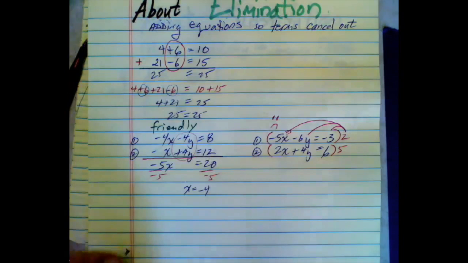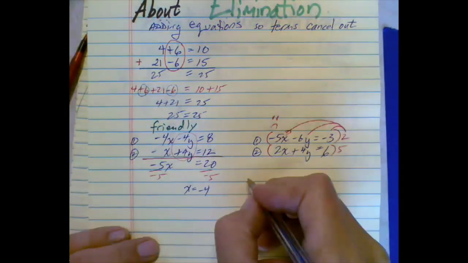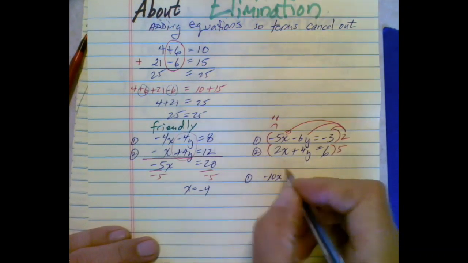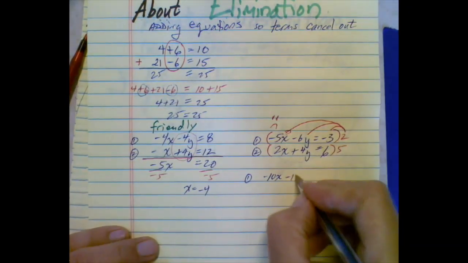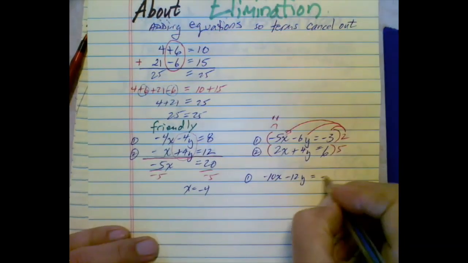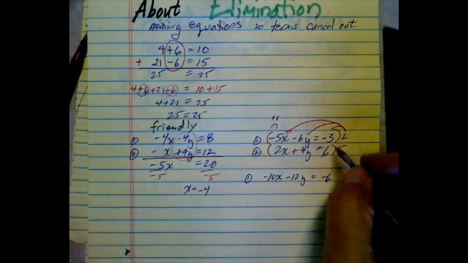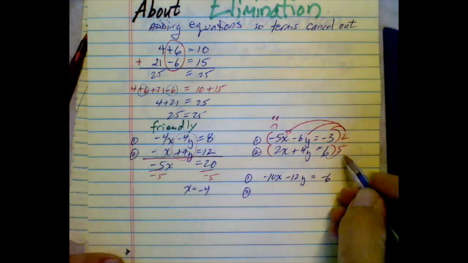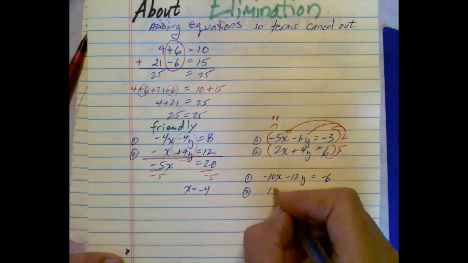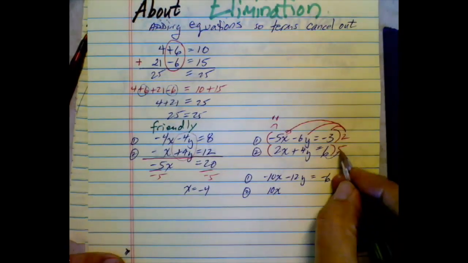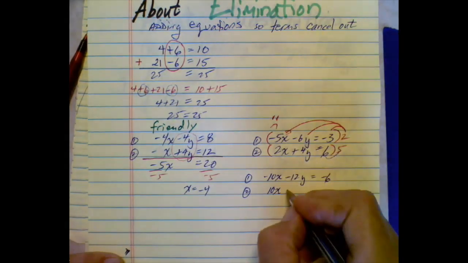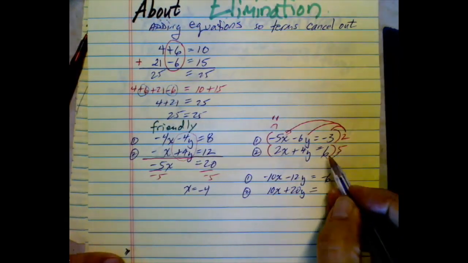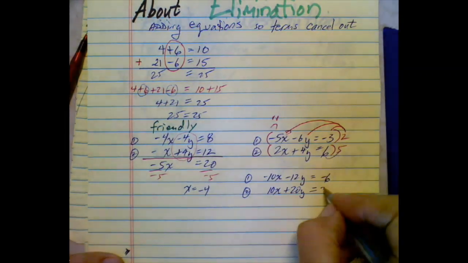And when I do that, equation 1 now looks like this: negative 10x minus 12y equals negative 6. And now I distribute the 5 in equation 2. Now equation 2 looks like this: 5 times 2x is 10x, 5 times plus 4y is plus 20y, and that's equal to 5 times 6, which is 30.